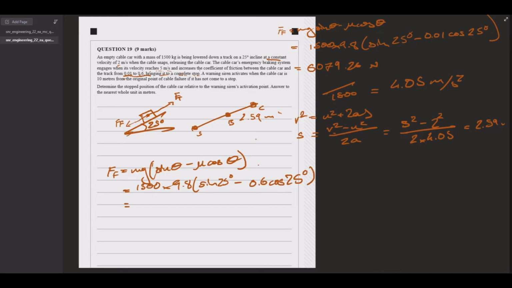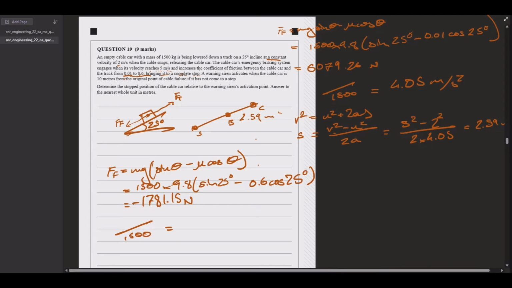So we're likely going to get a negative value here, because we need this to be decelerating. And we do, and it is negative 1781.15 newtons. Convert that into acceleration by dividing it by the mass, and we get an acceleration of negative 1.19 meters per second squared.